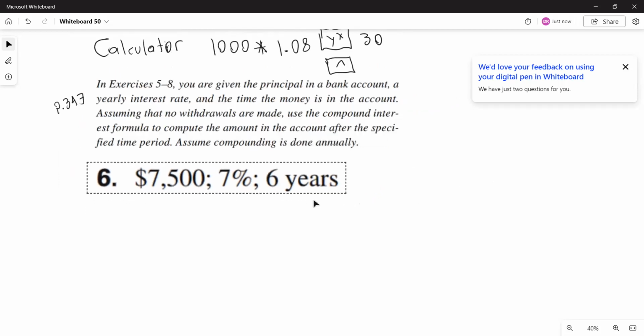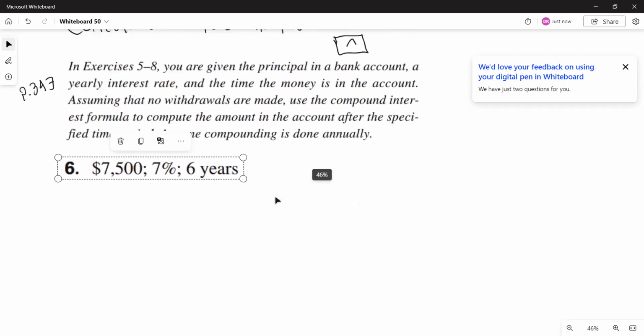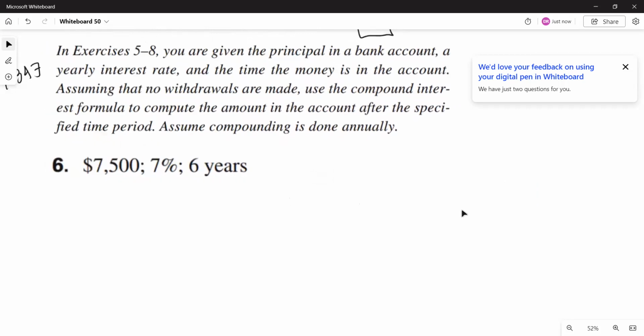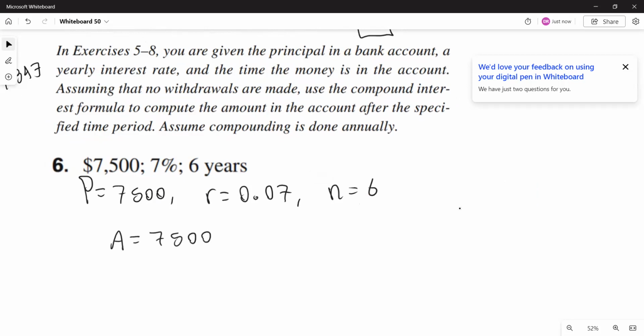So the principal is $7,500 invested at 7% interest for 6 years. So that's the principal. The interest rate, 7%. We need to write this as a decimal, and then n is 6. The amount in the account is 7,500 times 1 plus 0.07 raised to the 6th power.